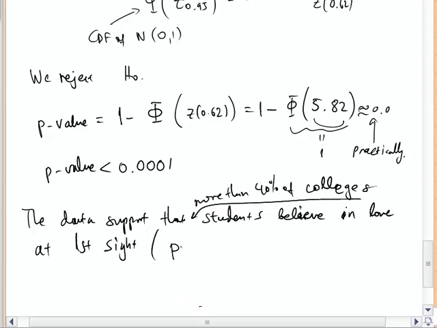And now you put your p-value here in parentheses: less than 0.0001.